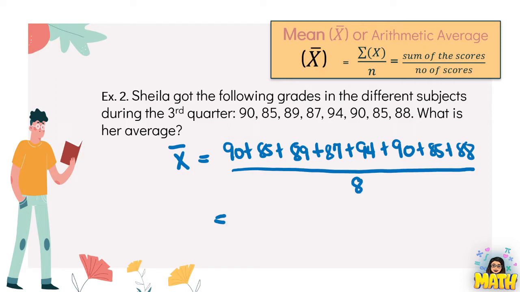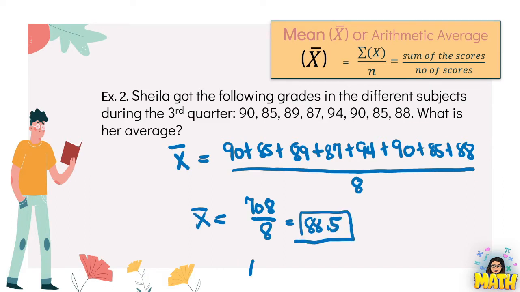So 90 plus 85 plus 89 up to 88, that will give us 708. Divided by 8 subjects, we'll have 88.5. So this means that Sheila's average for the third quarter is equal to 88.5. So again, another term for the mean is the arithmetic average, and to find the mean or the average, we simply need to get the sum of the scores divided by the total number of scores or data.